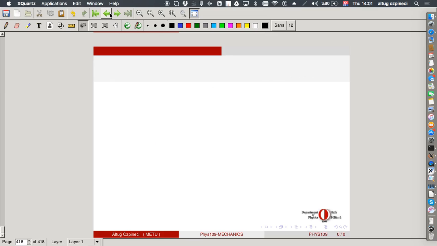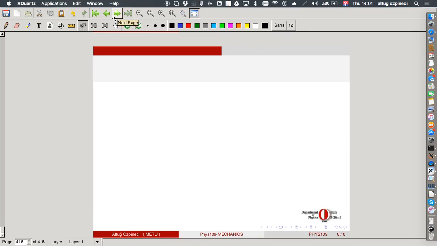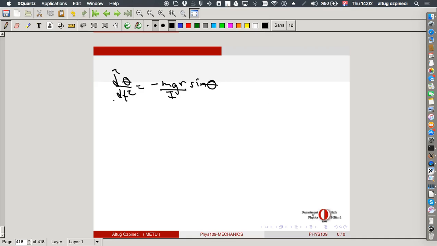And in fact, if you look at this angle, this point, they more or less overlap up to, let's say, around 45 degrees. Up to 45, 50 degrees, the deviation from theta is very small. So this is almost equal to minus mgr over I theta if theta is smaller than 1.